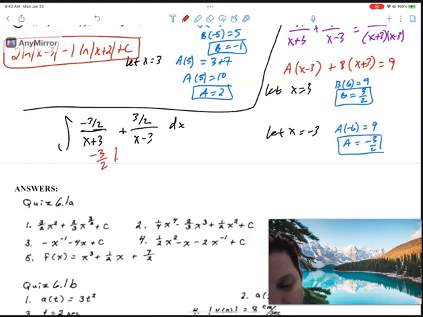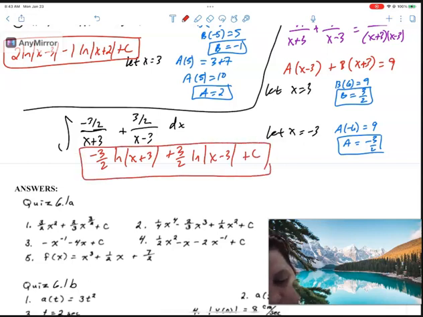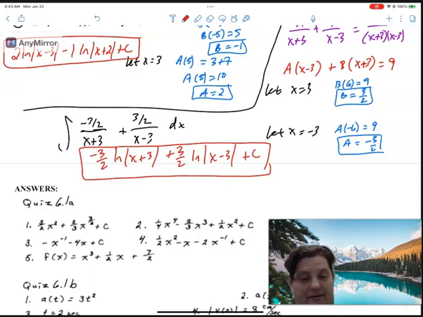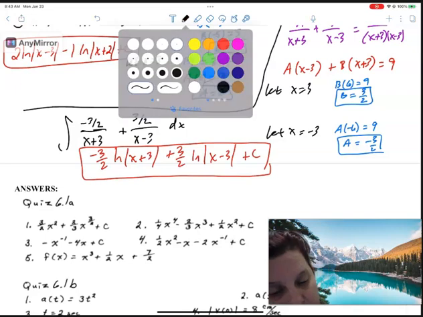It's negative 3 over 2 ln plus 3 over 2 ln plus c. Okay, so that was for number 2. And then, oh yeah, that's good. And then, okay, let me do number 3 right here.